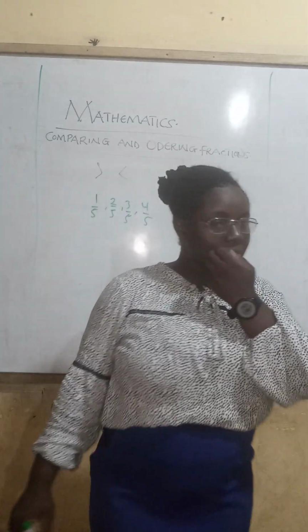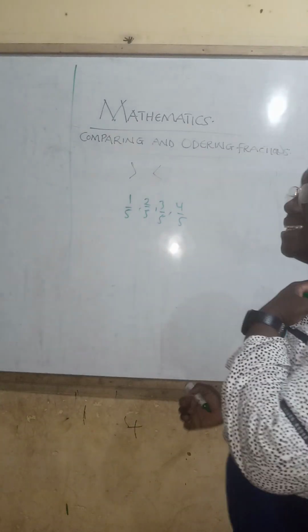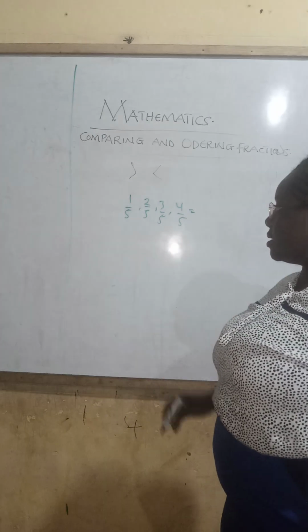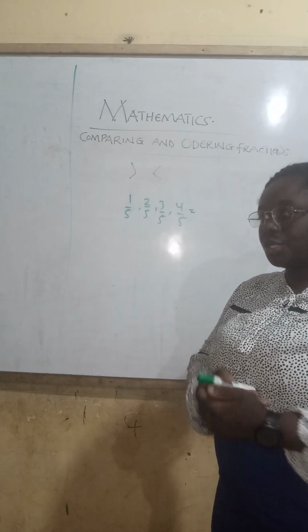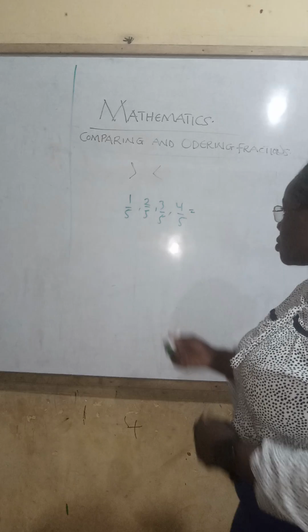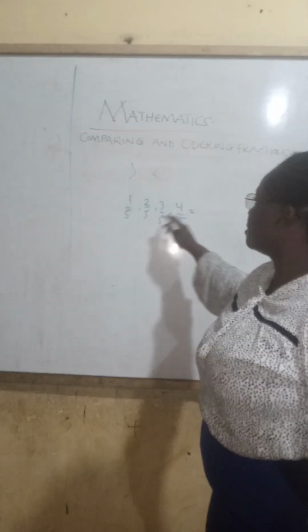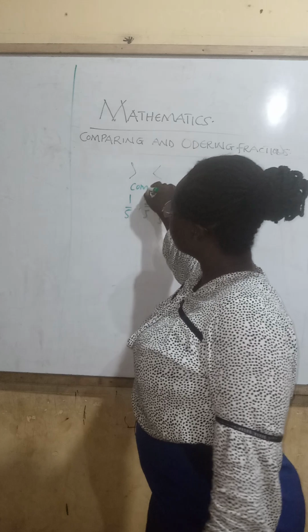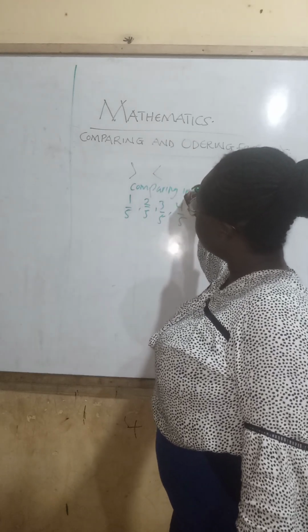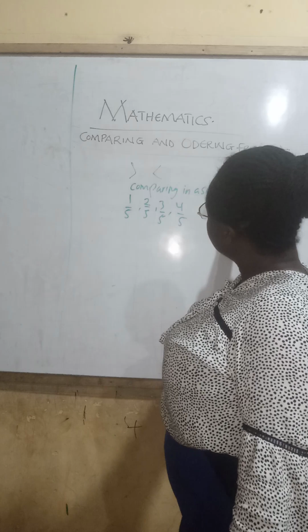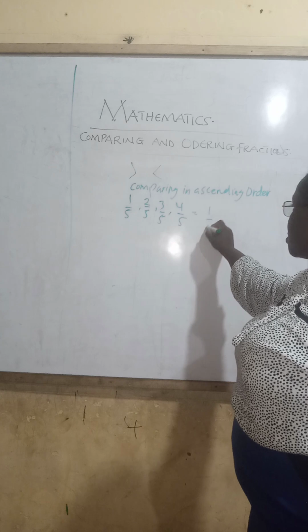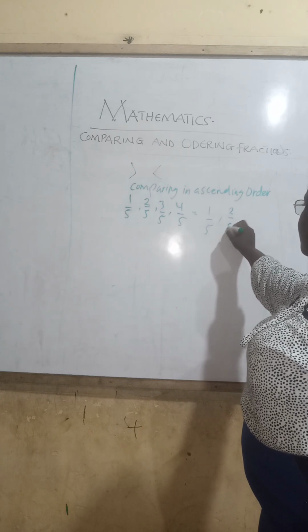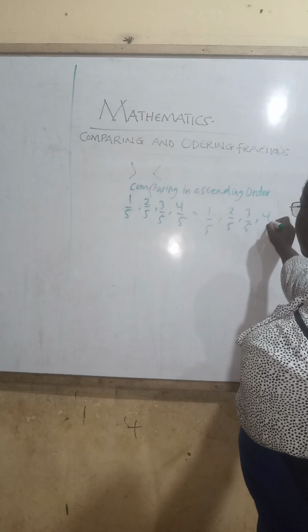If you are comparing this kind of fractions in ascending order, we know that ascending order is from the smallest to the biggest, and descending order is from the biggest to the smallest. So in ascending order, from the smallest, we have 1 out of 5, 2 out of 5, 3 out of 5, and 4 out of 5.